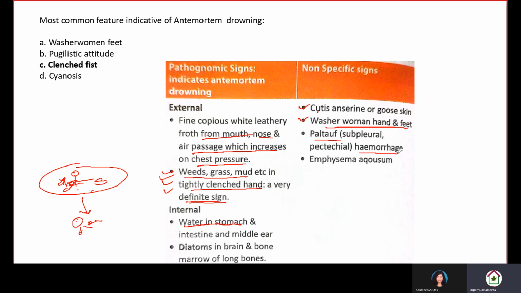Next is Paltauf's hemorrhage, emphysema aquosum. These are non-specific signs of antemortem drowning. But you need to know this cutis anserina and goose skin, washerwoman hand and feet, Paltauf's hemorrhage, and emphysema.